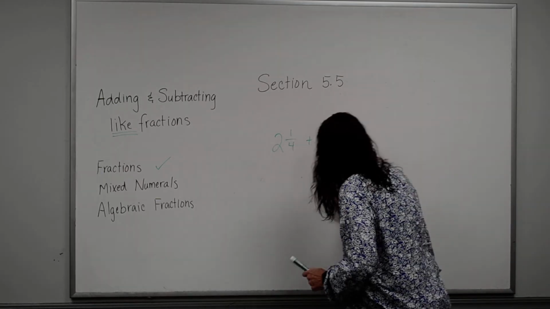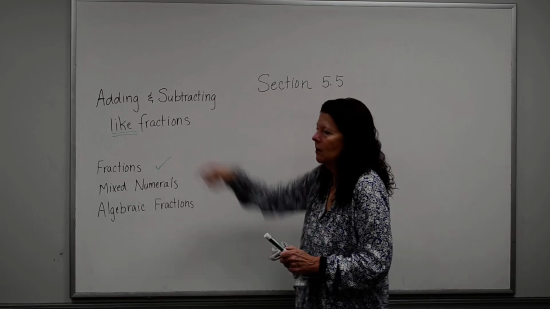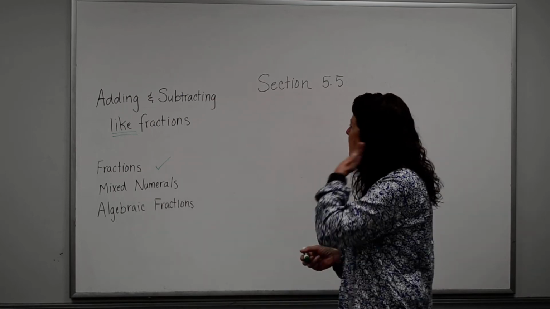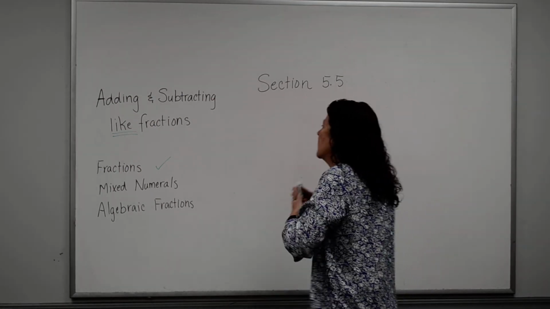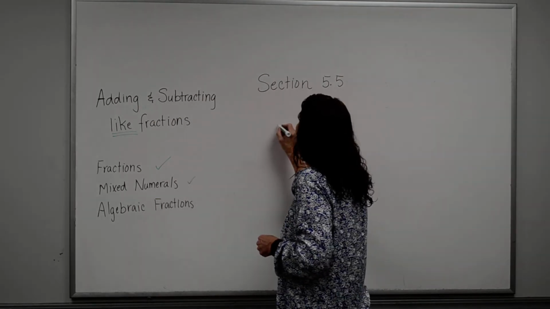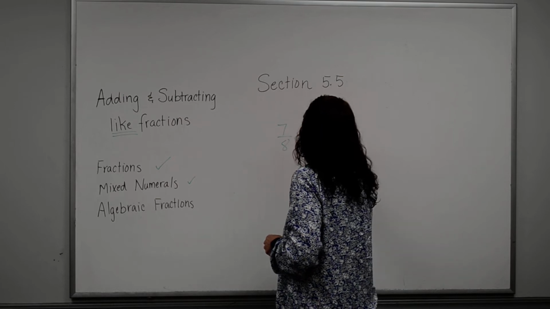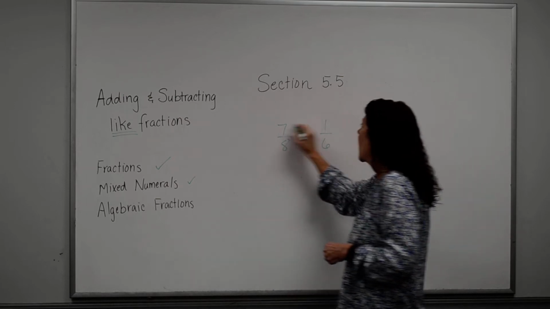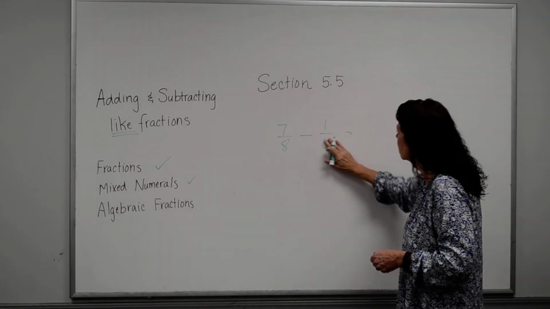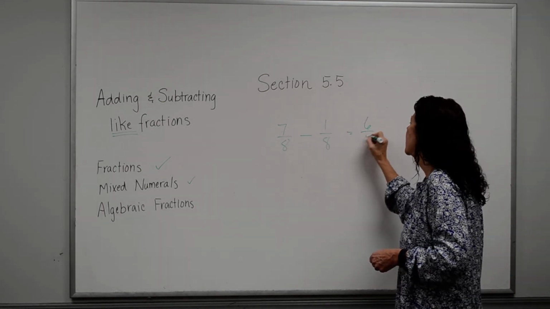Now, we're going to do the same thing with subtraction, because the same rules apply to subtraction. Just be careful of your positive and negative rules. So let's go back just to the fractions here and go 7/8 minus 1/8. I'm just going to subtract the top. 7 minus 1 is 6, so that gives me 6/8.